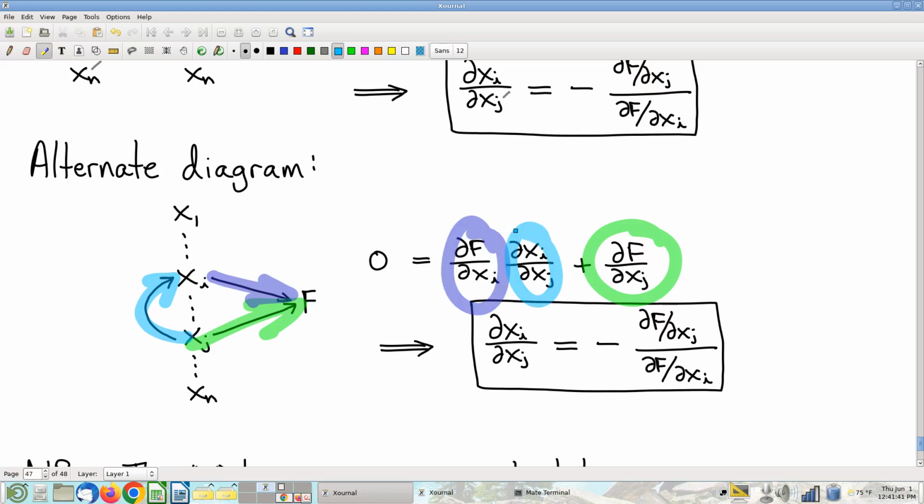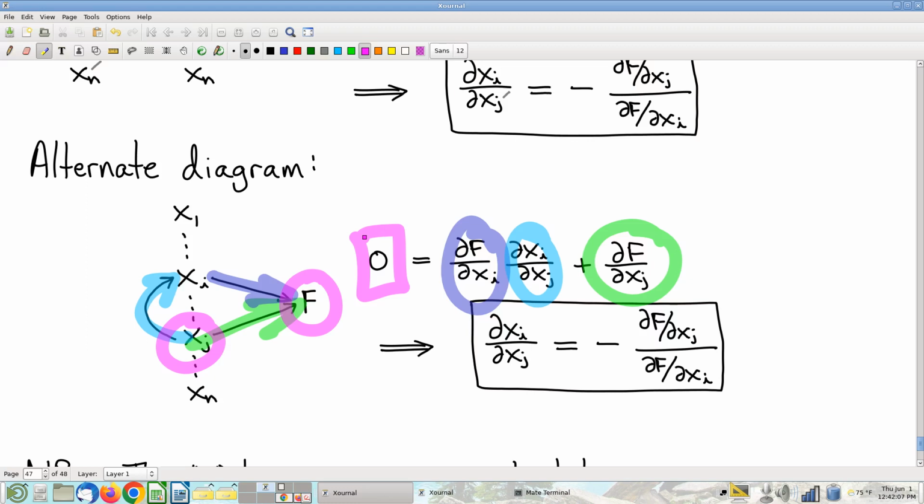So roughly speaking, we have two paths. Changes in xj can propagate to changes in f. Altogether, of course, they have to add up to 0 because f doesn't change in total. And so these two paths contribute these two terms to a calculation whose answer has to be 0.